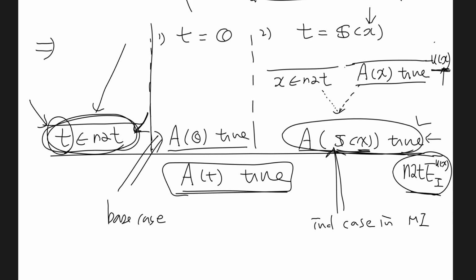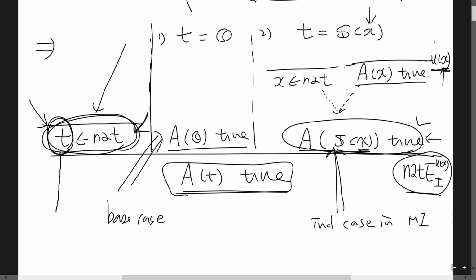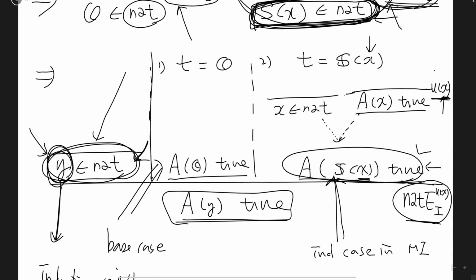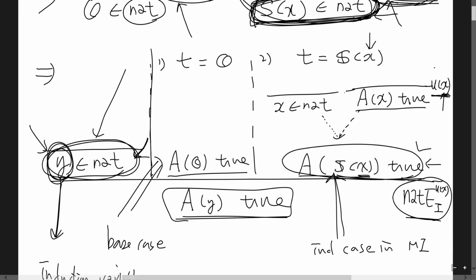And typically, this term t is a variable. For example, this could be variable x, or another variable y. In this case, this one is called induction variable. So this is a new elimination rule.